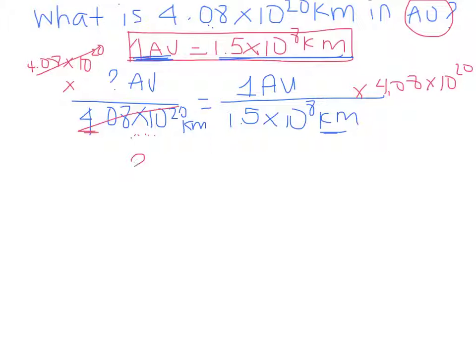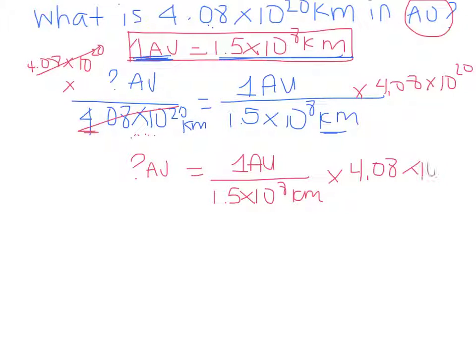You're left with question mark astronomical units is equal to 1 AU divided by 1.5 times 10 to the power of 8 kilometers times 4.08 times 10 to the 20. When you do the calculation, you have to do this first.